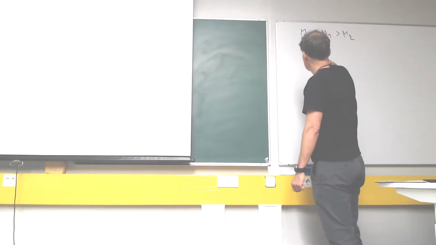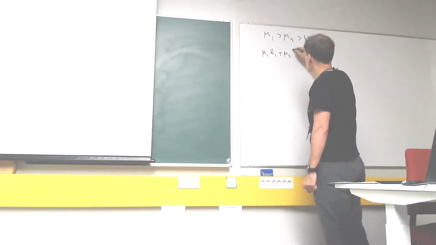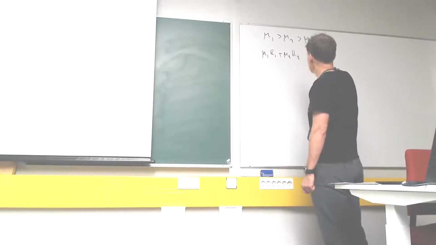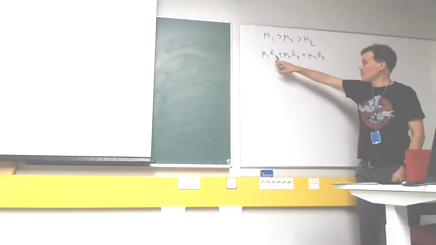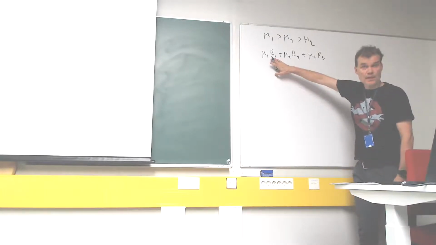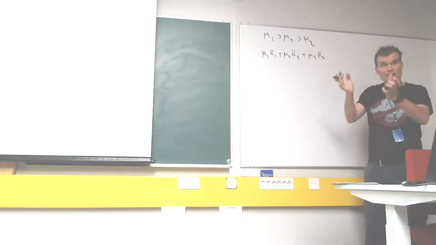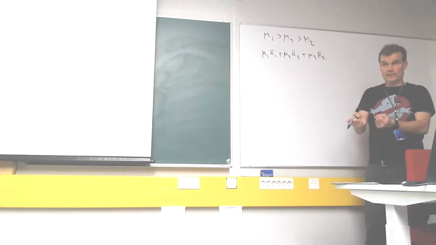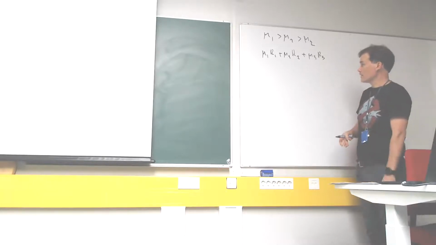Then we can write the weighted sum rate maximization as mu1 R1 plus mu2 R2 plus mu3 R3. If we now plug in, assuming that this is decoded last and this is decoded first, we will have again these complicated rate expressions that are neither convex nor concave with respect to all the variables.